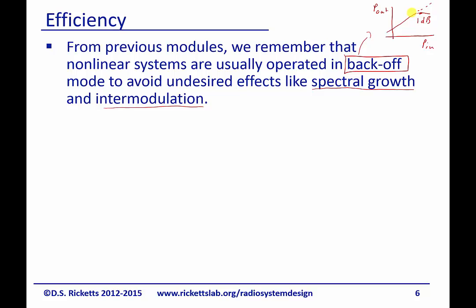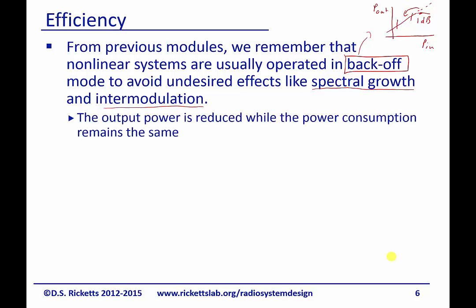What we said is we're just going to operate in this region. That's backing off of saturation. So we say the region below the 1 dB point is operating in back-off. We're backing off the power from its 1 dB compression point.